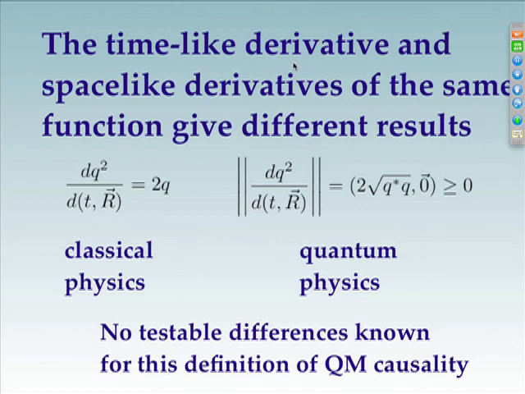And as I say, I don't think there's a testable difference with this definition of these issues. And so that's why I don't get up on a soapbox and bang on it. I mean, I feel warm and fuzzy about it.